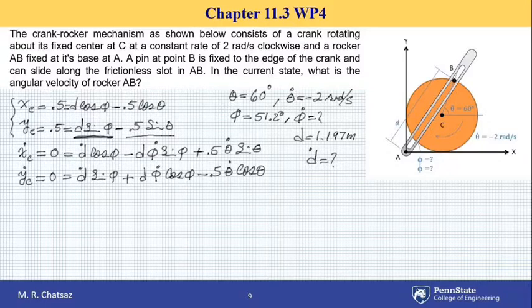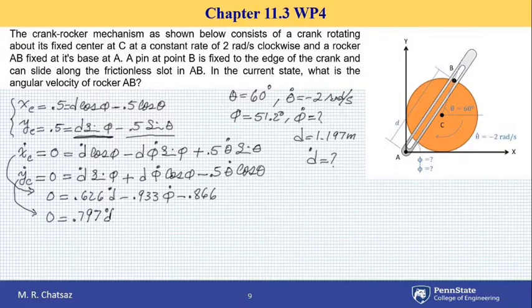So if I plug in the numerical values in these equations, the top equation becomes 0 equal to, after plugging these numbers and simplifying, 0.626 d dot minus 0.933 phi dot minus 0.866, and then the second equation becomes 0 equal to 0.797 d dot plus 0.75 phi dot, and then plus 0.5.